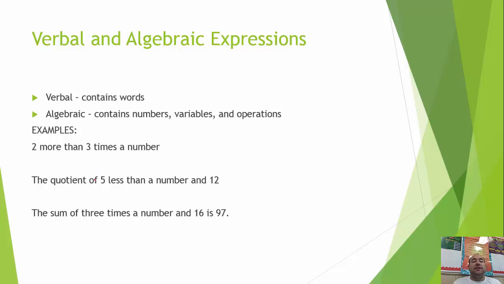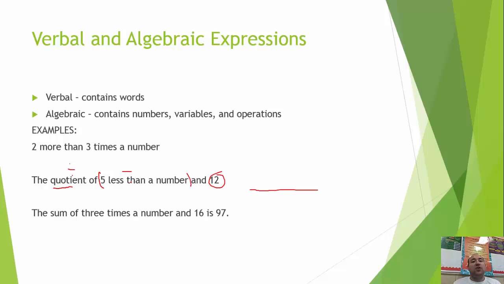Okay, so if we take a look at the second one now, we have the quotient of 5 less than a number and 12. All right, so quotient always means divide. So I'm going to put a big old division line here to tell me we're going to be dividing. What are we going to be dividing? This first expression that I put in parentheses, 5 less than a number. Okay, less than is a tricky phrase. Less than means subtraction.